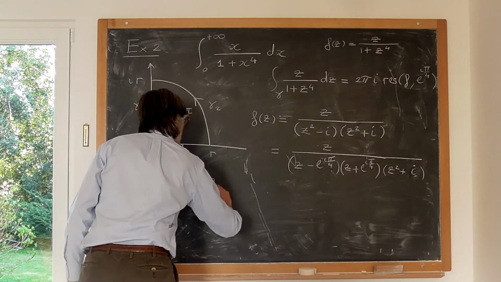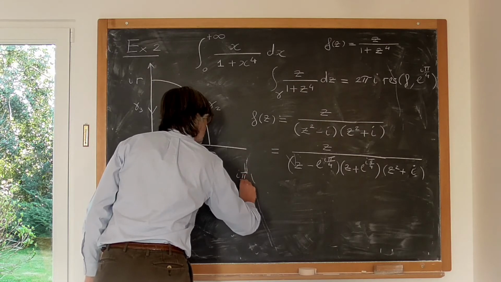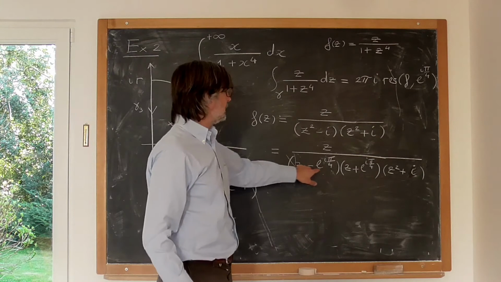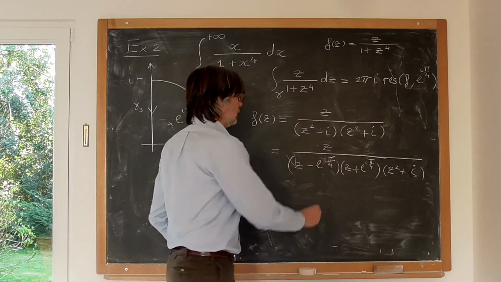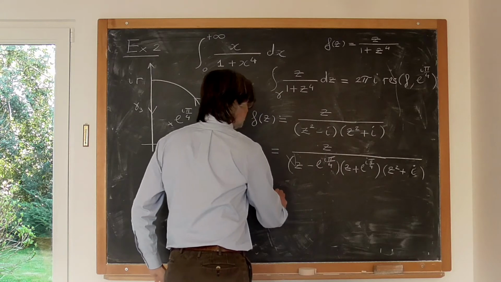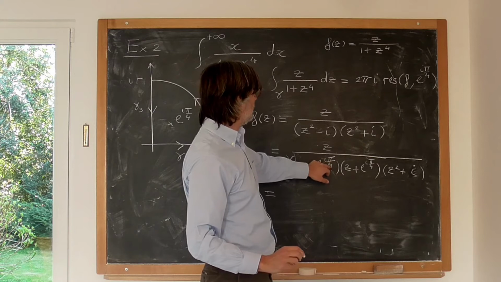Okay, and then now from this expression it's easy to compute the residue. The residue of f at e to the i pi over 4 is, you have to multiply by z minus e to the i pi over 4, and this cancels, and then we have to evaluate at e to the i pi over 4.